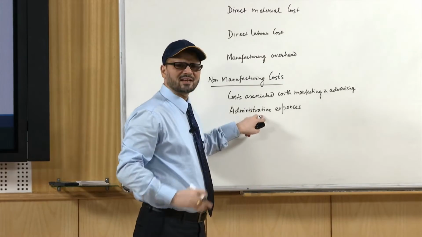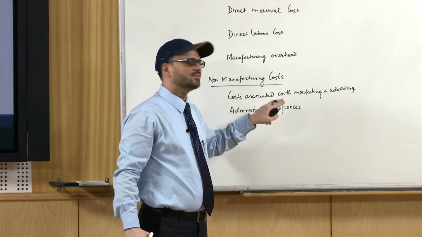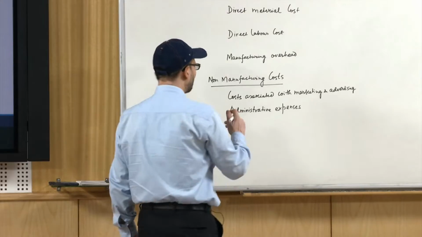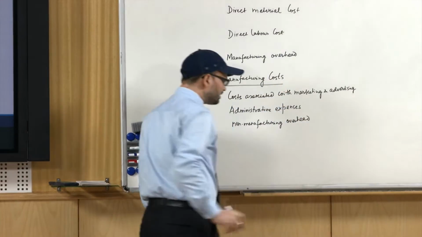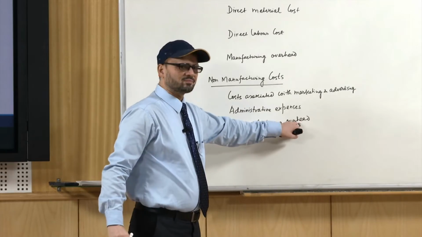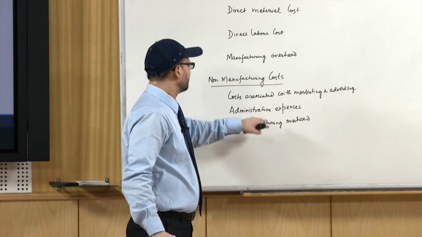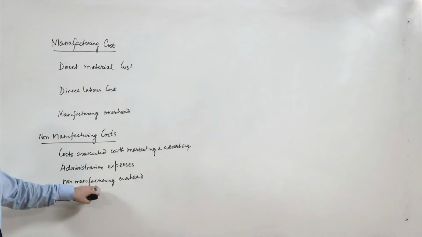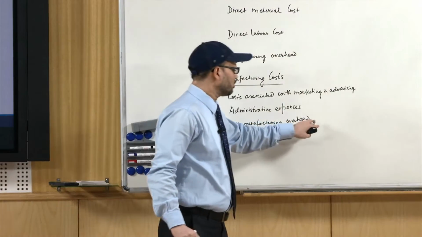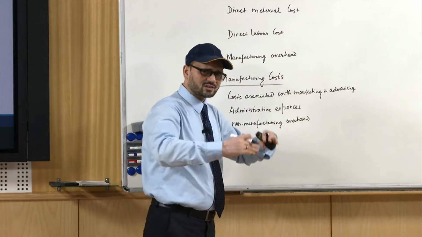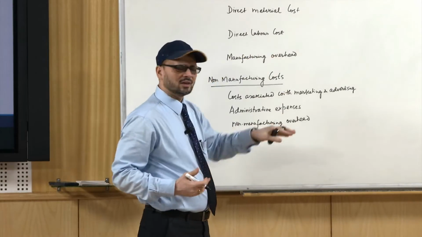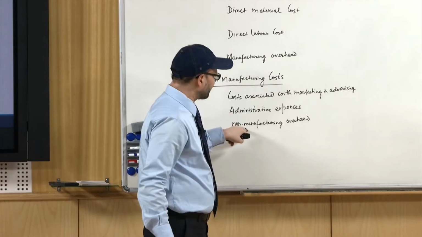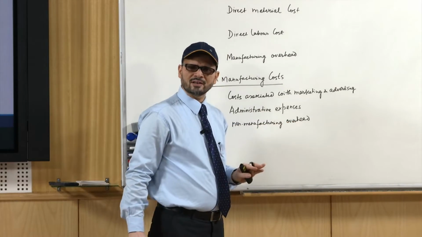These are under the category of administrative expenses. Then you also have non-manufacturing overhead. All the other costs like heat, light, electricity, depreciation of machines, which are not an integral part of the manufacturing unit, those costs come under non-manufacturing overheads.